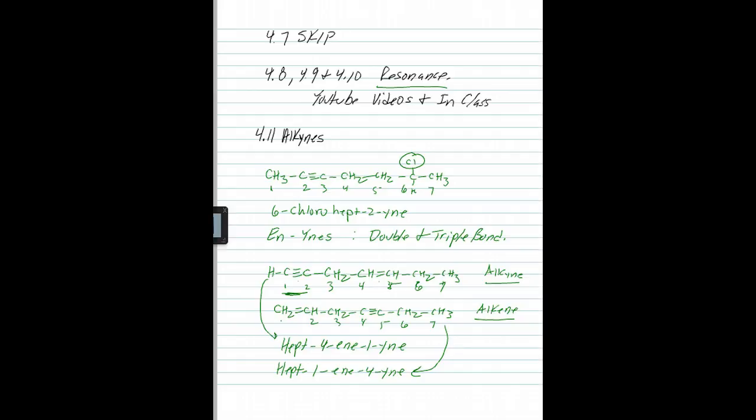What happens if they are equidistant to the side? So you have a triple bond, CH2, CH2, CH, double bond, CH2. Notice in this case, if I start on the left side, it's 1, 2, 3, 4, 5, 6, so my triple bond starts at carbon 1.